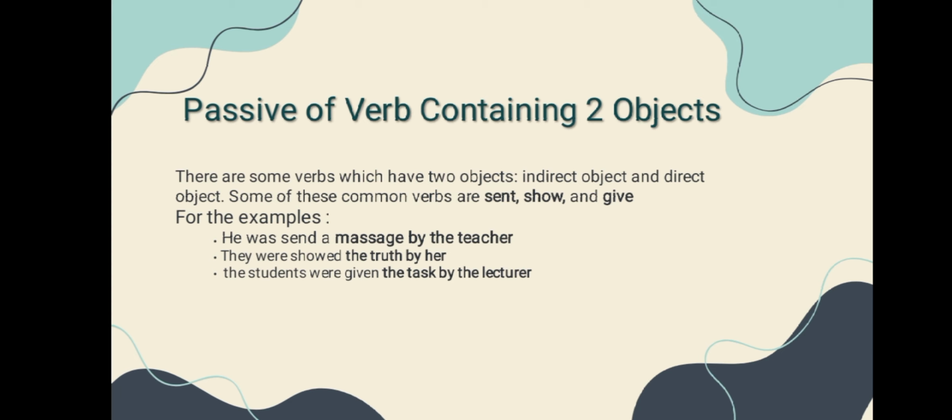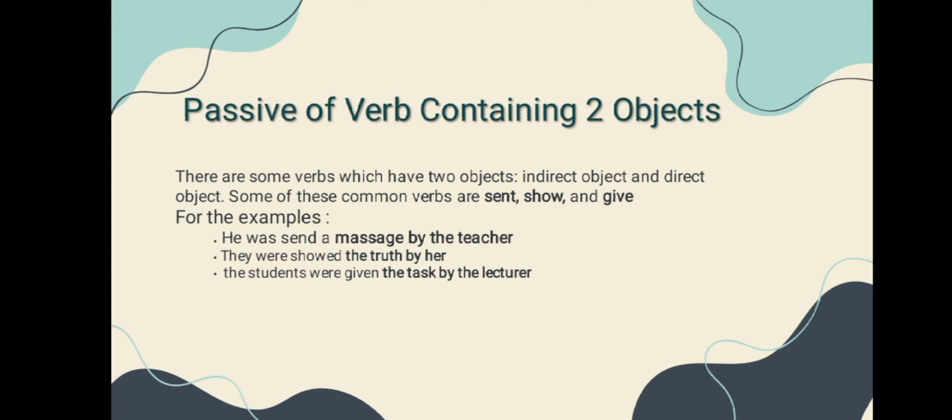And then look at the first example here. He was sent a message by the teacher. So in this sentence, we use two objects, indirect and direct. The word message here is the indirect object, and by the teacher is the direct object.